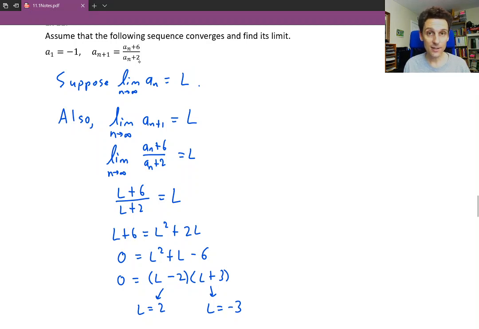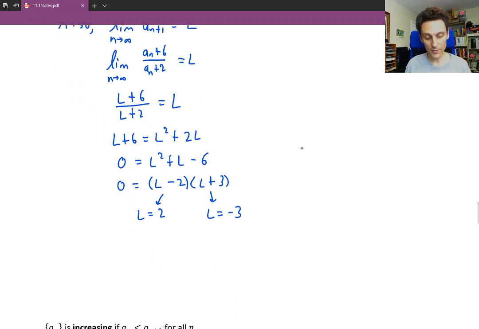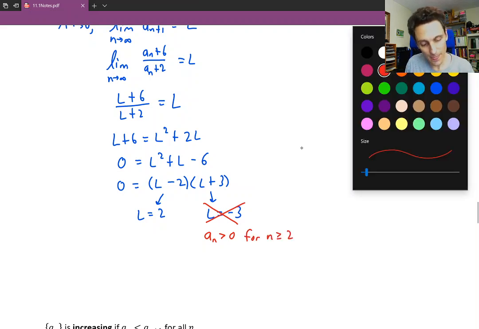And as soon as the terms are positive, they're going to stay positive. There's nothing about this that's going to make it negative. There's no subtraction or anything that would make this negative. So after the second term, all the terms are positive. So we can immediately rule out that these terms are approaching a negative number. So you can write all the terms are positive for n greater than or equal to 2.